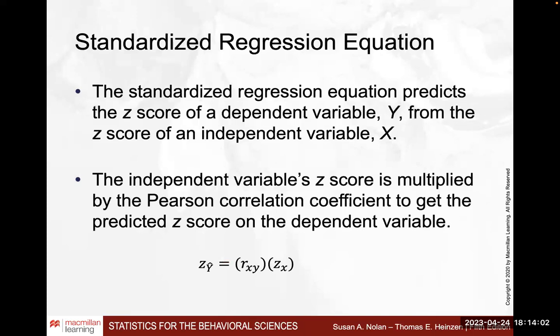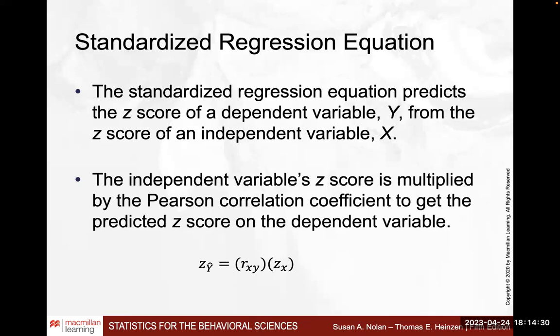You utilize a standardized x, multiplying it by the correlation coefficient to get a standardized y hat, where the y hat is a predicted dependent variable. Whenever you see that hat, this is something that is being predicted. So please keep that in mind.